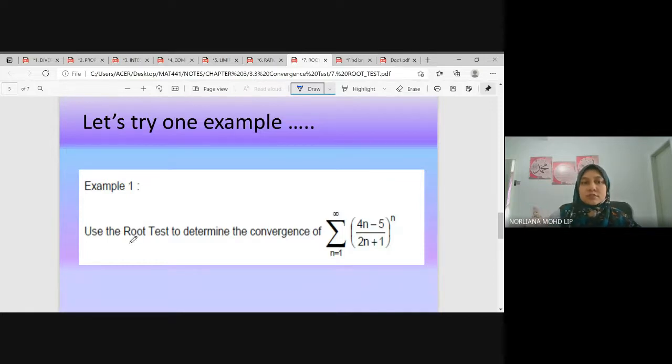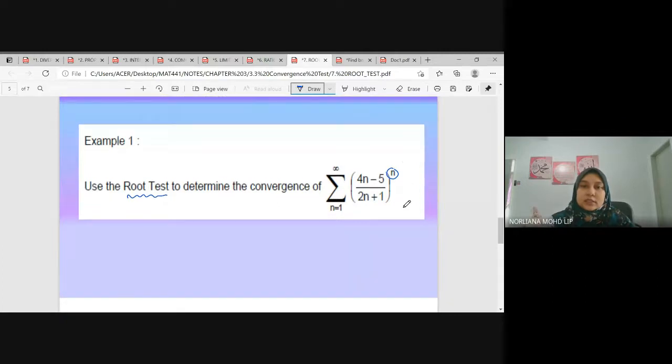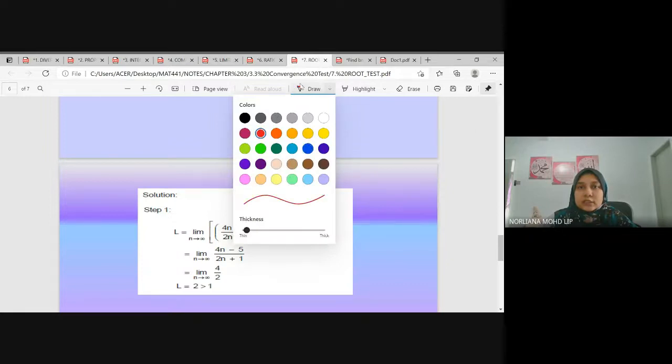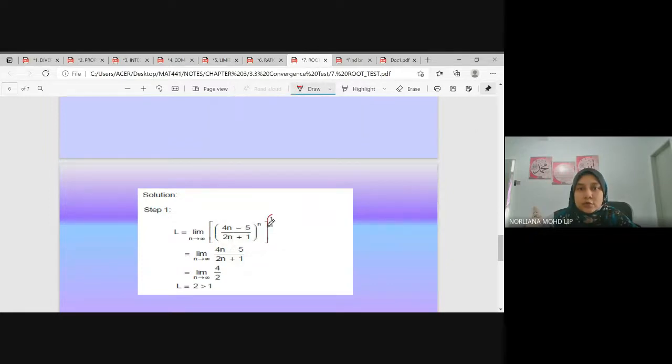Okay, using root test. Okay, normally using root test, given the series is in power kat sini. Dia ada power, series in term of power. So we have to find the limit of this one, a to the power of n, okay, times 1 over n. Yang ni awak kena tambah, awak kena kuasakan 1 over n. From definition of root test.